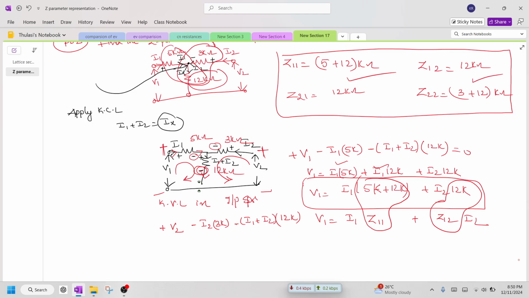When you write this also in the standard format, V2 is equal to I2 into 3 kilo ohm plus I1 into 12 kilo ohm plus I2 into 12 kilo ohm. V2 is equal to, let's write the I1 term, I1 into 12 kilo ohm, take I2 as common, so this is 3 kilo ohm plus 12 kilo ohm.